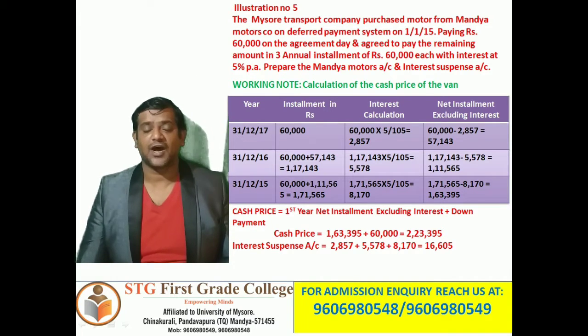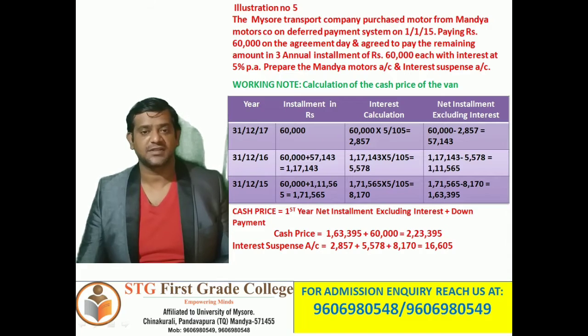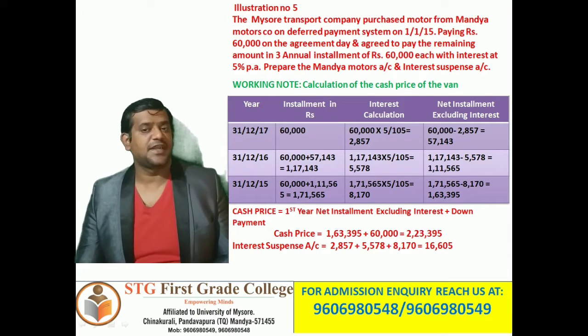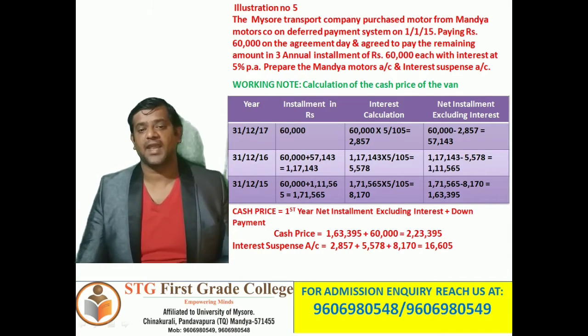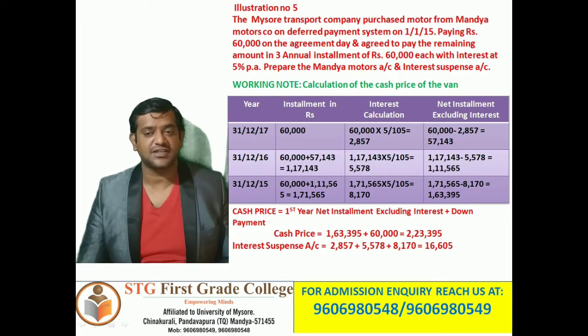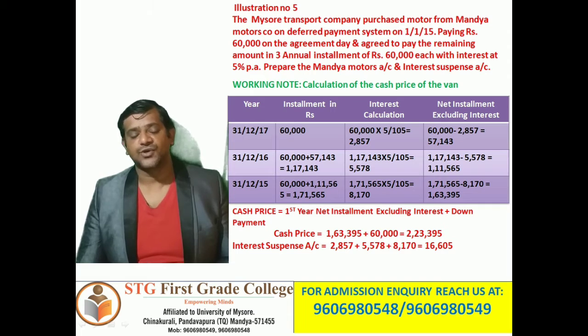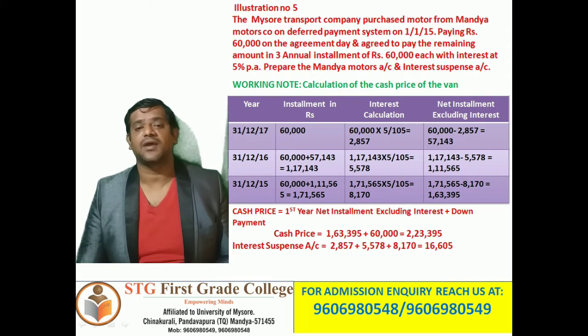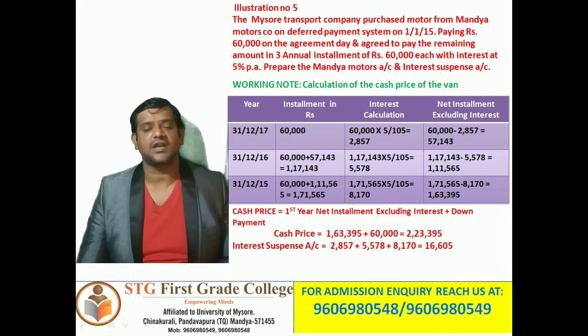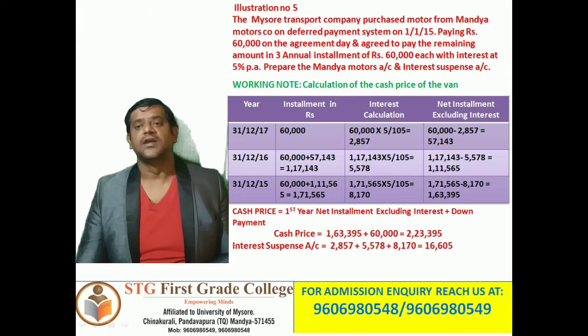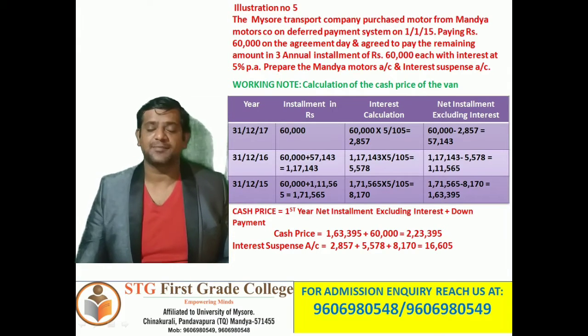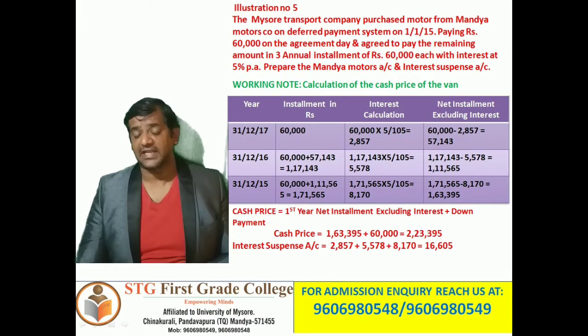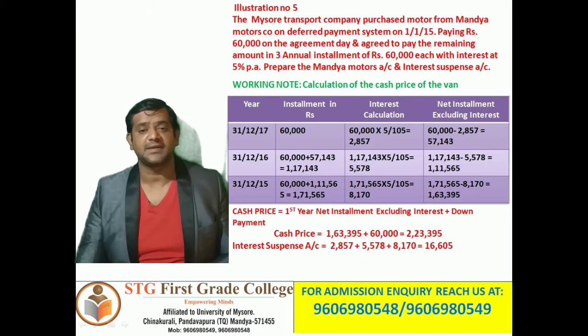The first down payment is rupees 60,000 on the agreement day, and they agreed to pay the remaining amount in 3 annual installments of rupees 60,000 each. So the pending amount will be paid with 3 annual installments of rupees 60,000 each, with interest at 5% per annum.